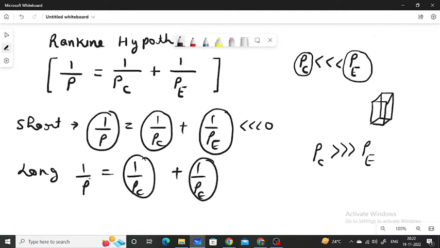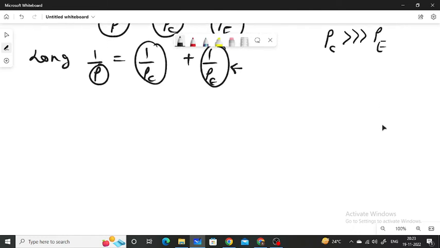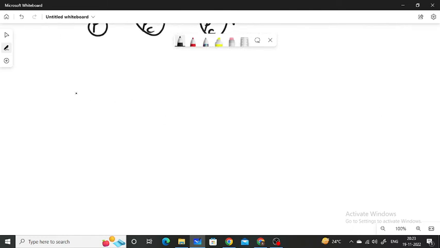So the failure, because as we know that the failure will occur due to the crippling load in the case of a long column. So according to the Rankine hypothesis, 1 by P will be equal to 1 by crushing load plus 1 by crippling load.